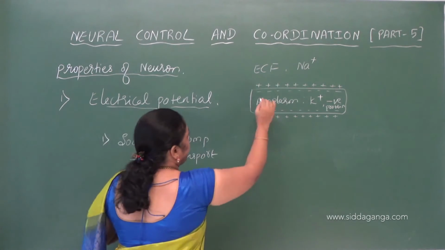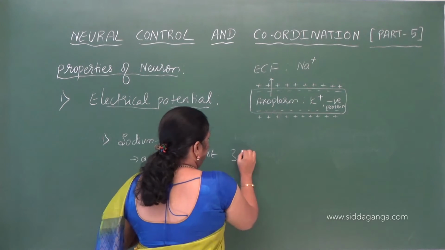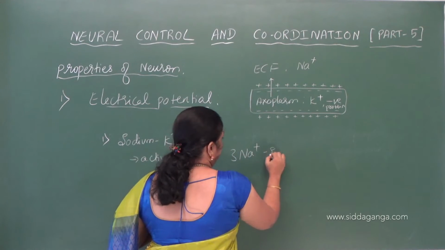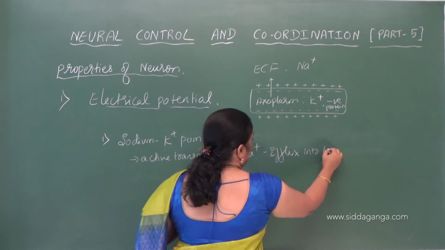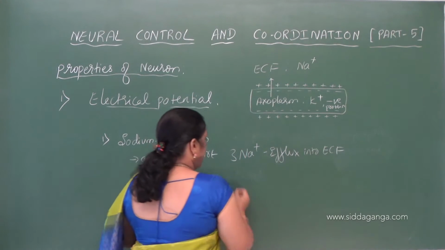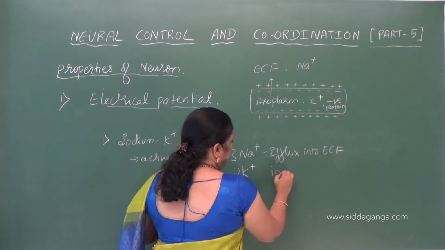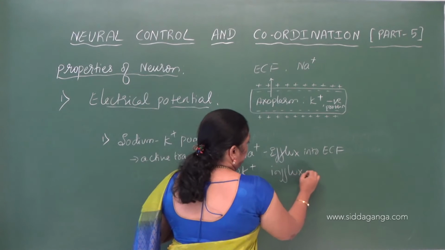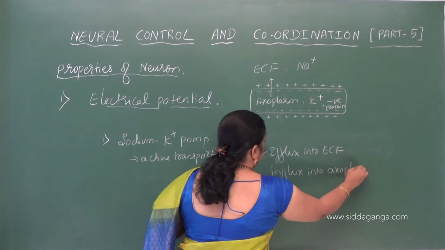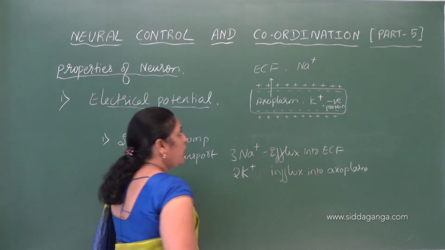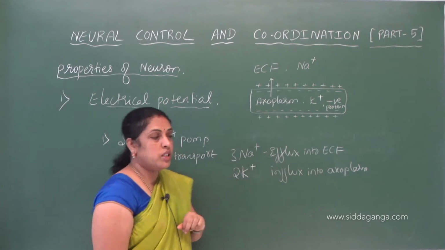It allows efflux of 3 sodium into extracellular fluid from the axoplasm and influx of 2 potassium ions into the axoplasm. So this again helps to maintain positive charges outside and negative charges inside.